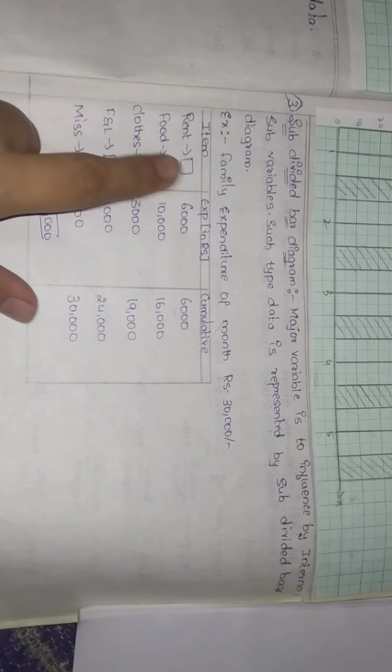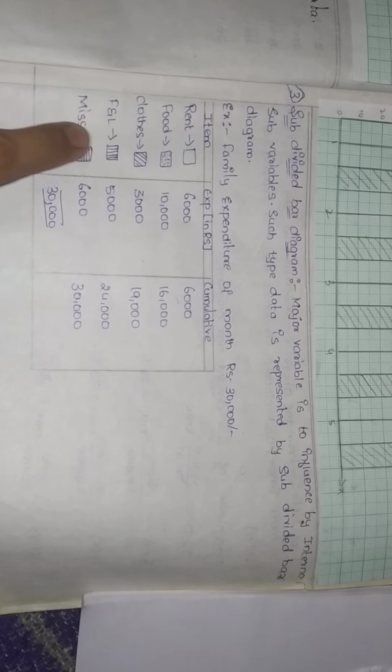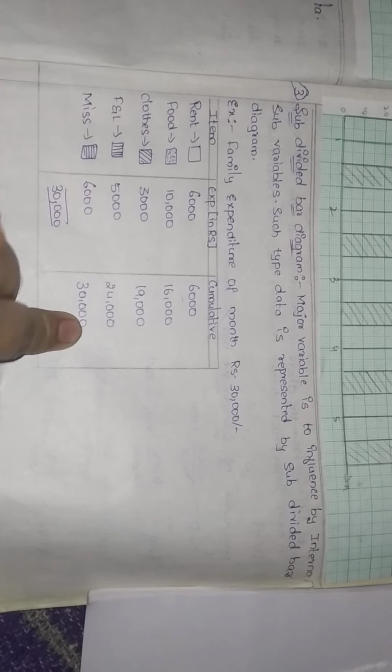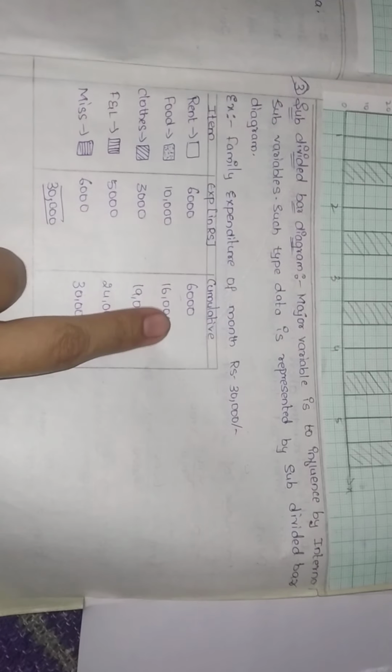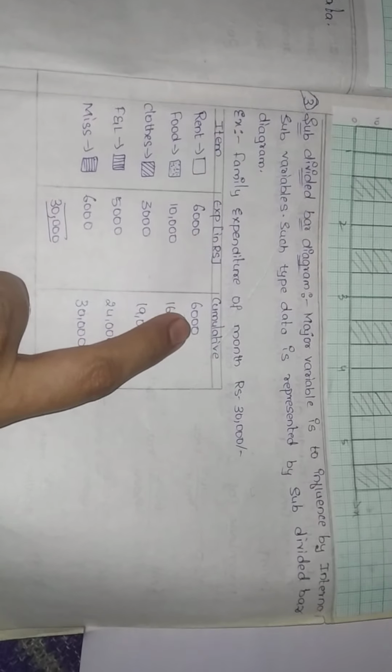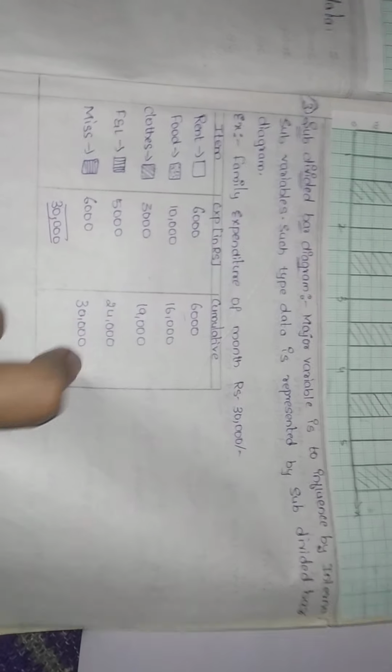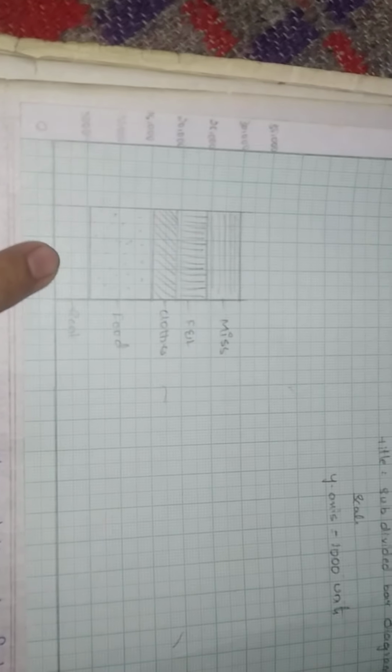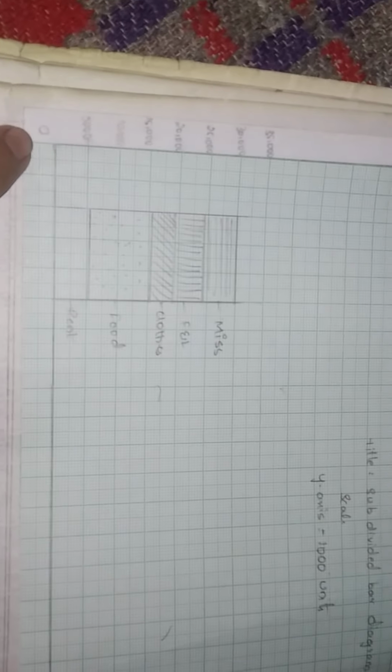So here after getting rent, food, everything and the cumulative value we have to put in the graph. So for that 6,000, 16,000, 19,000 all will be followed in a graph like this. In one bar, only a y-axis will be there.